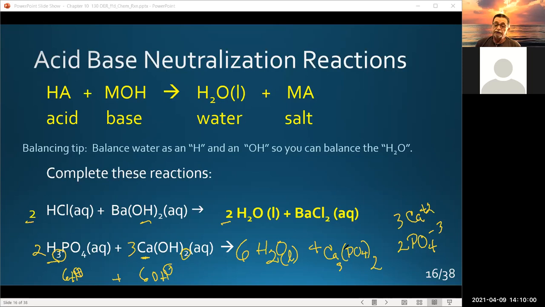Now, any idea if calcium phosphate is soluble or insoluble? You might need your solubility table. You will see that it is, I won't say it. I'll let you look it up. Okay. Calcium phosphate. What do we got here?